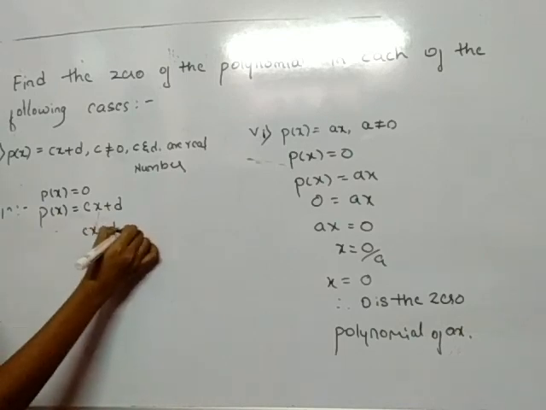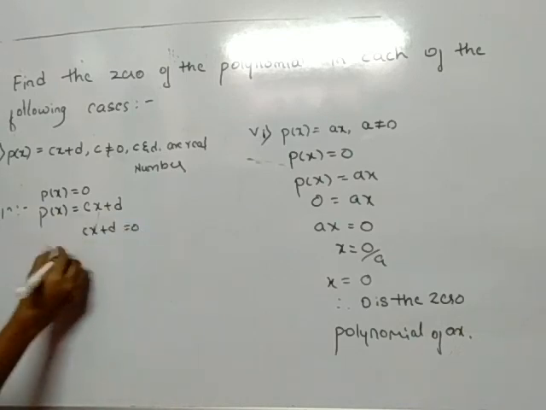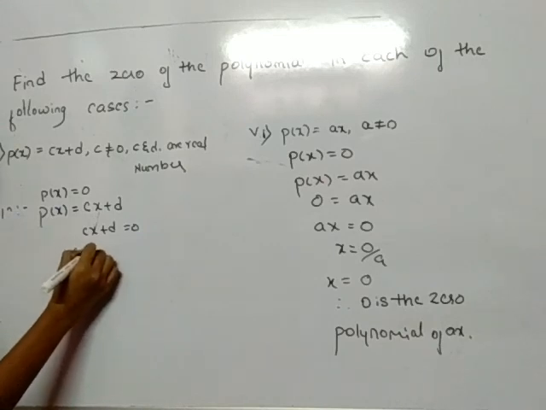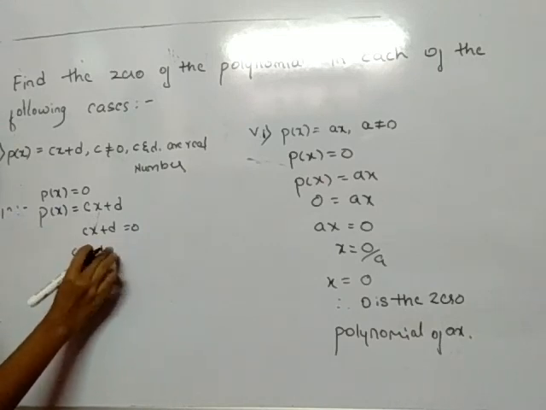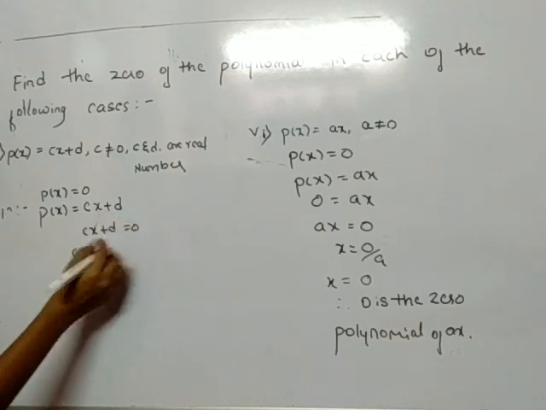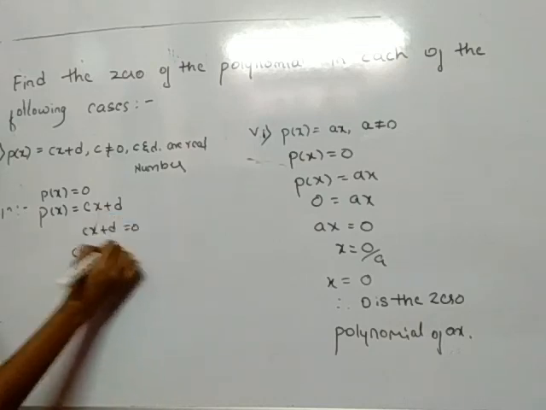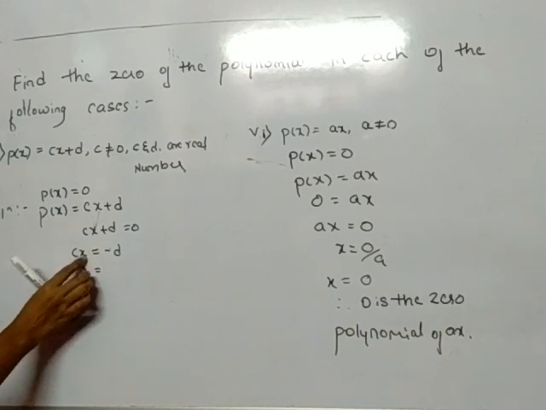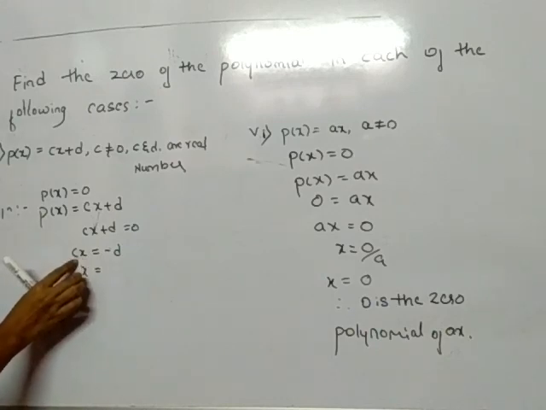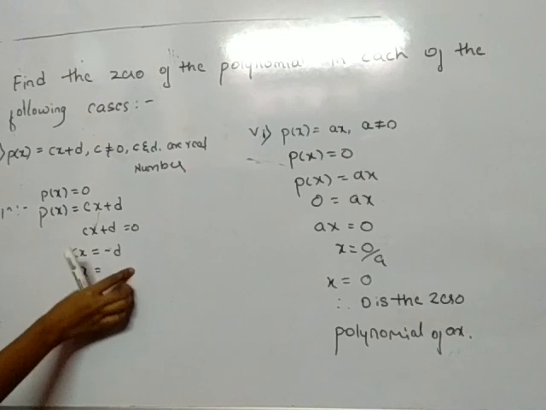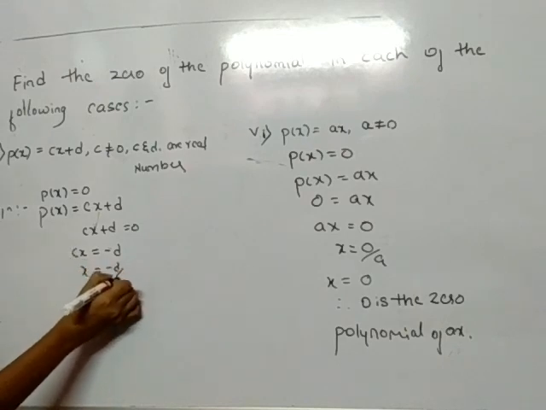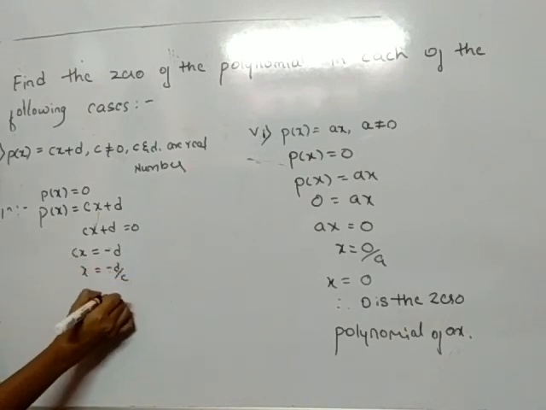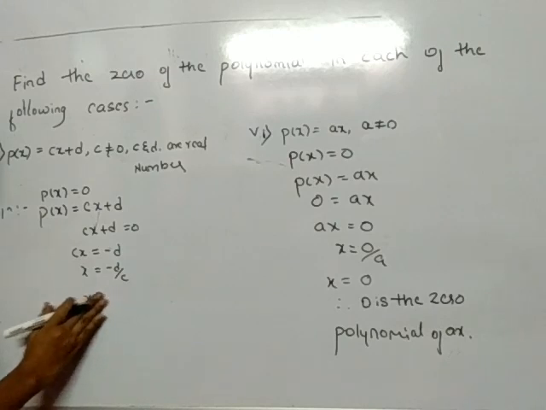To find the value of x, I am going to bring this d to the right hand side. That will be minus d. Then c and x have a multiplication relation. I will bring it to the right hand side. It will be divide. So the x value is minus d by c.